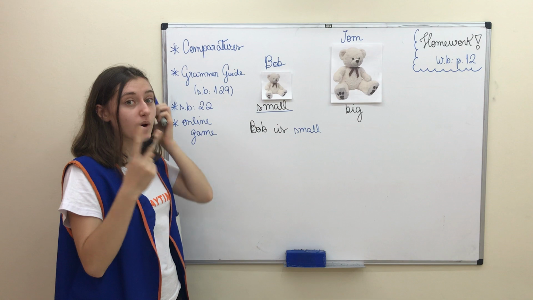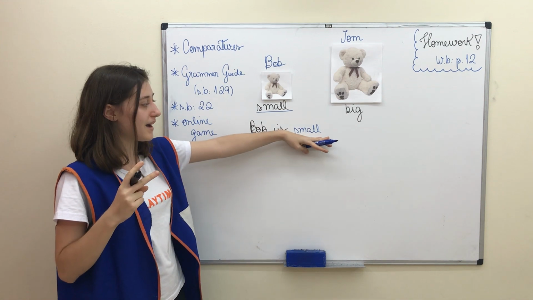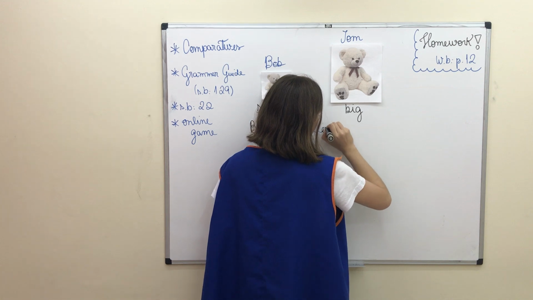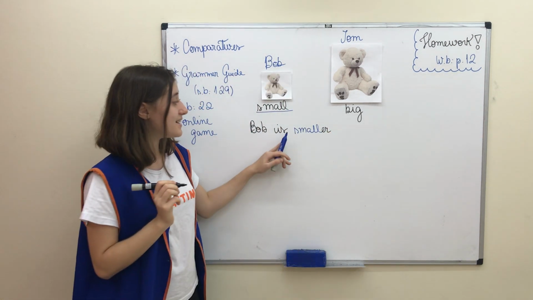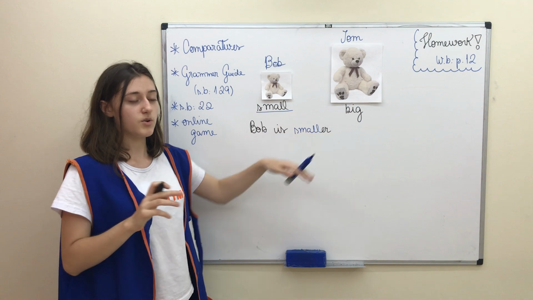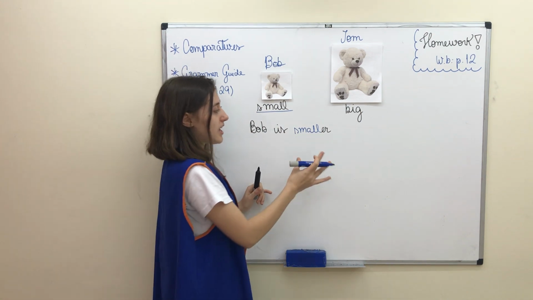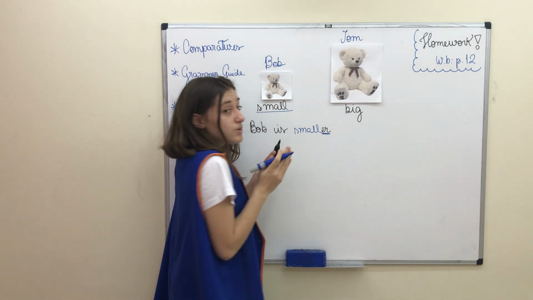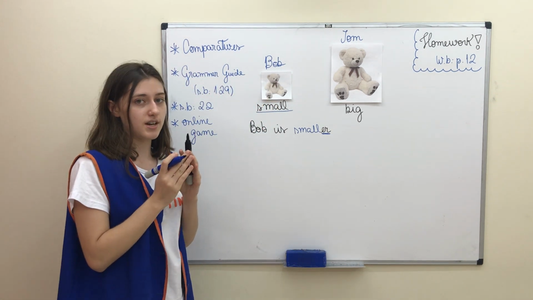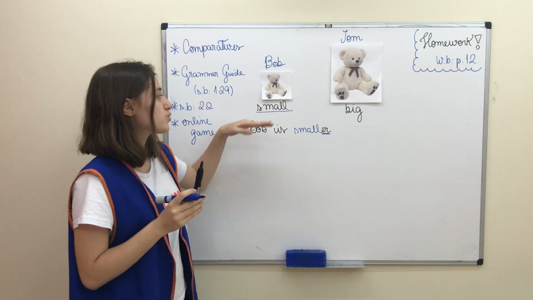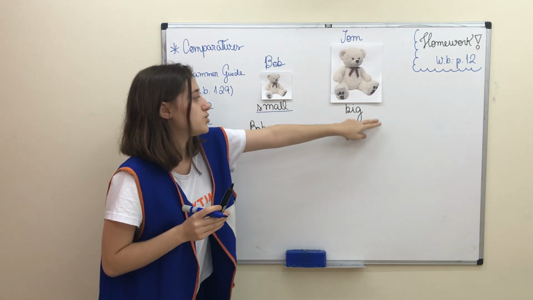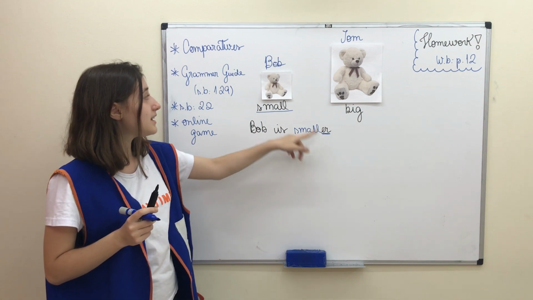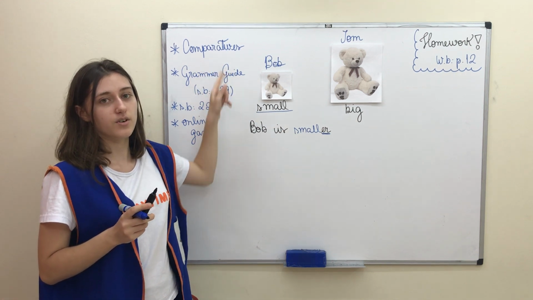So, I am going to add two letters to my adjective here, okay? Those letters are E-R. Bob is smaller, okay? Então, quando a gente adiciona essas two letters to the end of a short adjective, no fim de short adjective, de adjetivo short, curto, a gente transforma ele em comparative, okay?